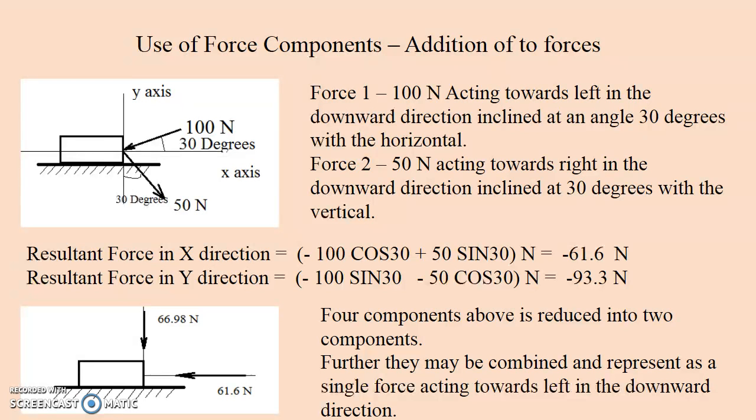And finally you can combine them and represent it as a single force which is acting towards left in the downward direction. Now let us understand how this is done.